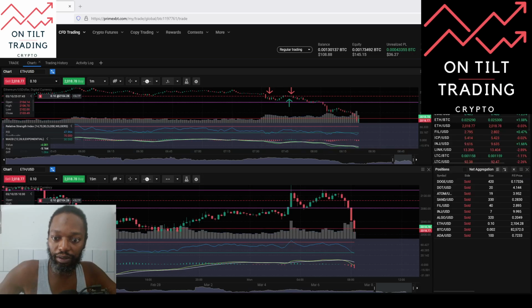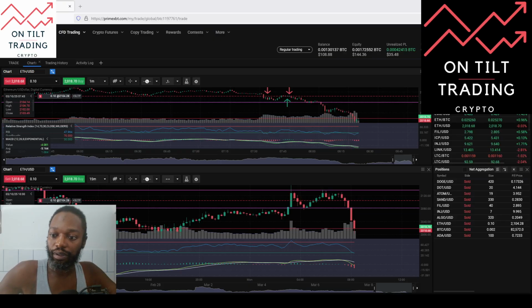But after the open, the relative strength is declining into an oversold area, and we've got more separation between the MACD and the average right here. We're starting to get some divergence here, and we've got momentum with the sellers. So sellers are in control and forcing the price action lower.